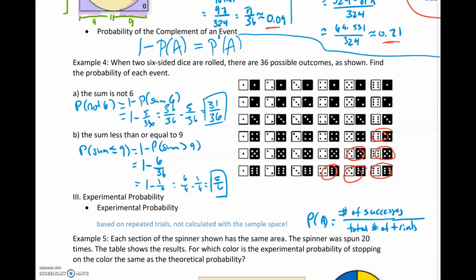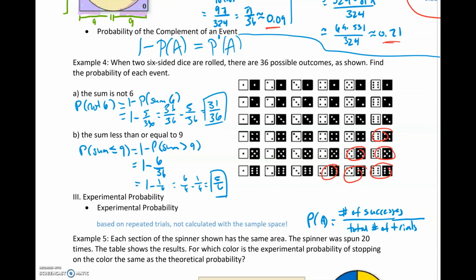Right? So again, if I'm doing that dice roll situation, let's say we rolled it 20 times, and out of those 20 times, we got a sum of 2 once, then our experimental probability would be 1 out of 20, rather than the theoretical probability being 1 out of 36. Do you see what I'm saying with the experimental versus theoretical? The denominator is what changes.